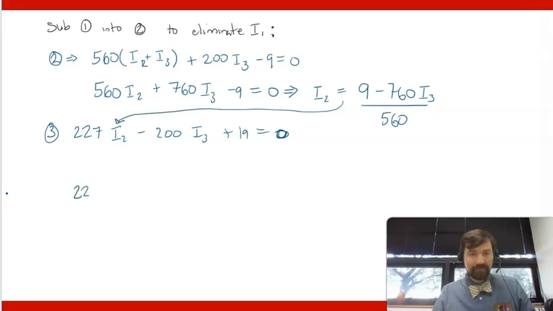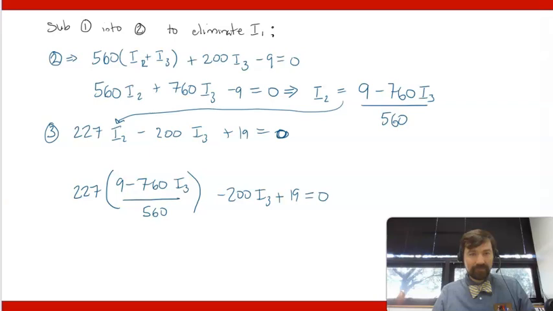And so I'd have 227 times 9 minus 760 I3 all over 560 minus 200 I3 plus 19 is equal to 0. And so now basically I would just sort of solve this one for I3.